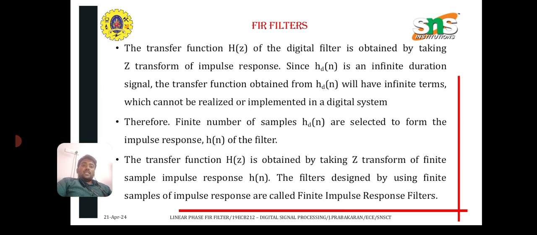Therefore, a finite number of samples of HD of n are selected to form the impulse response h of n of the filter. The transfer function H of z is obtained by taking the z transform of the finite sample impulse response h of n. The filter designed by using finite samples of the impulse response is called a finite impulse response filter.